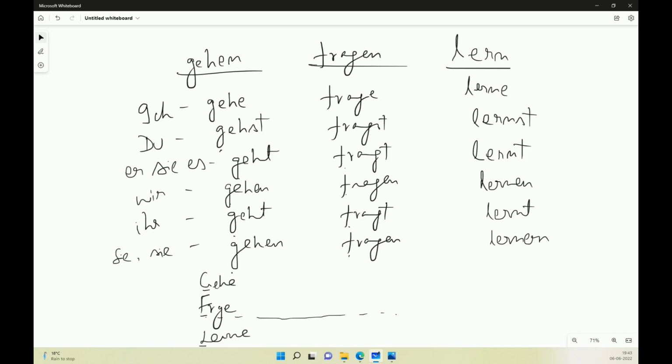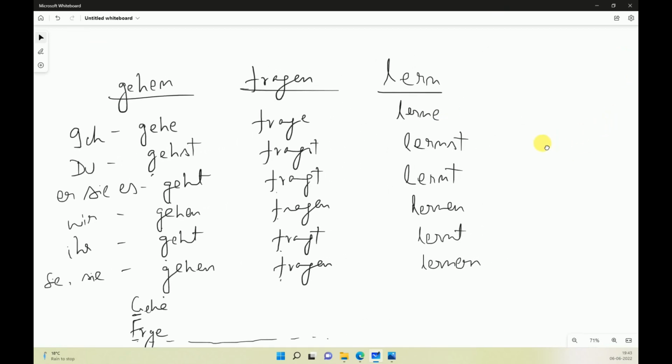However, if the verb is coming anywhere in the middle of a sentence, then the first character of the verb has to be in small characters. Else, it's in capital, which is an obvious rule. All right.